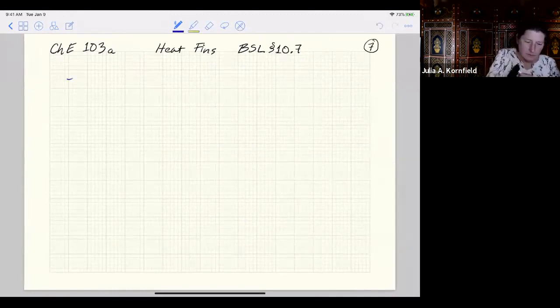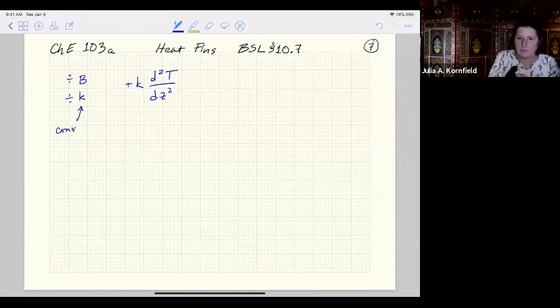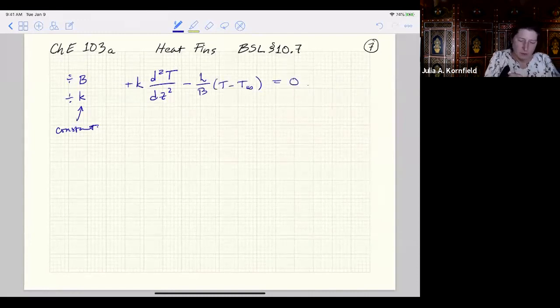And we're treating that as constant. So it comes out of the derivative, and then we still have minus h over b. And we'll divide through by k.